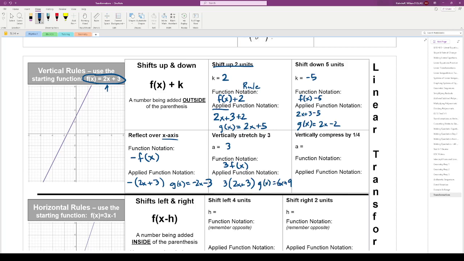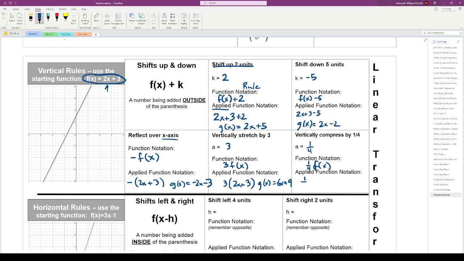Vertically compressed by 1/4, a is 1 over 4. Our function notation is f of 1/4 x. Whoa, I wrote that backwards, sorry. I got ahead of myself and started thinking about horizontal things because they're coming up. A goes outside, 1/4 f of x.